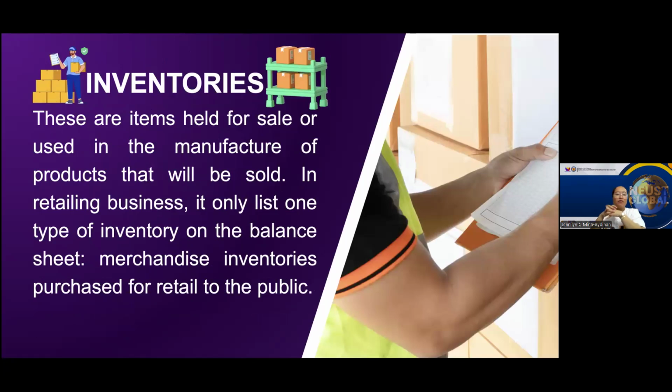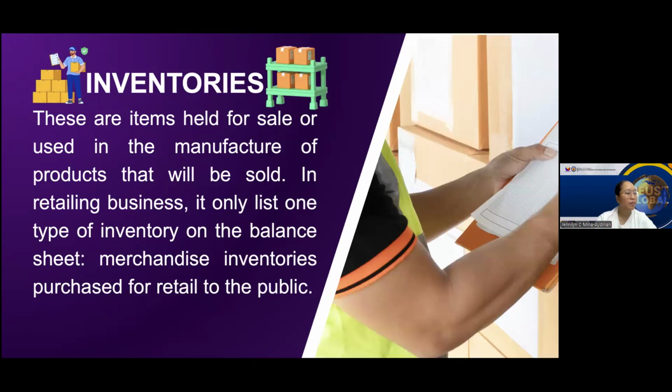A clothing manufacturer has raw materials, for example, $5,000 worth of fabric; work in progress, like $3,000 in partially made clothes; finished goods, $7,000 in completed clothing ready for sale. Inventories affect a company's financial health and performance by influencing cost and sales.